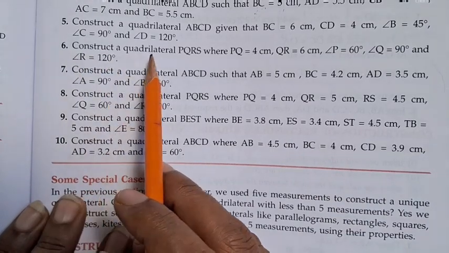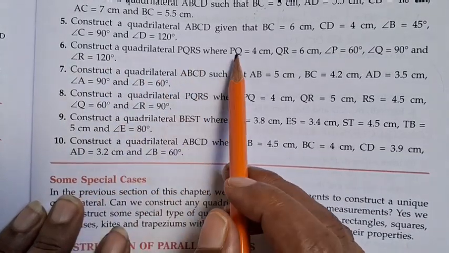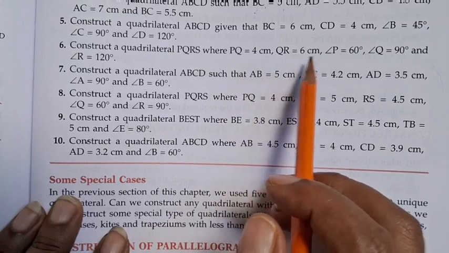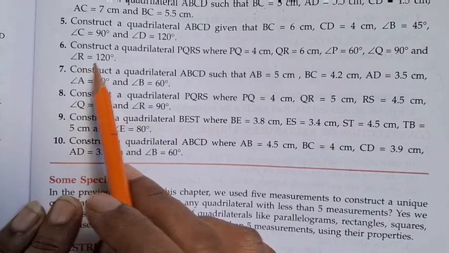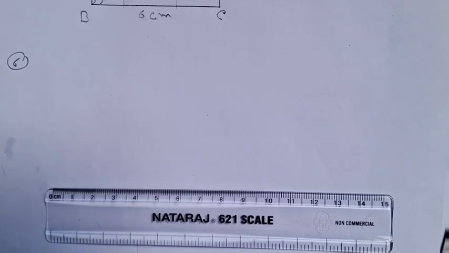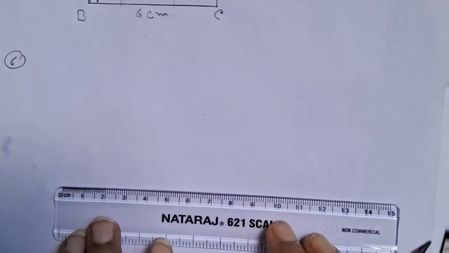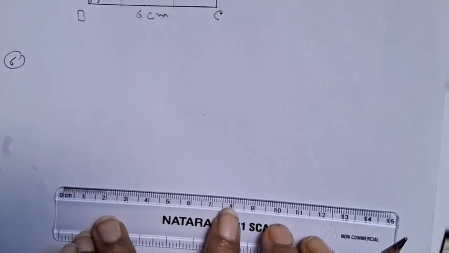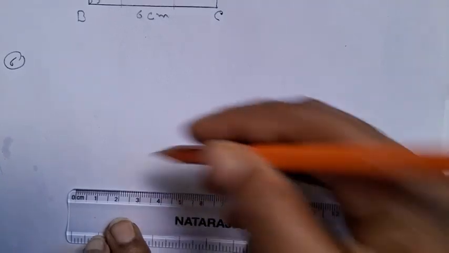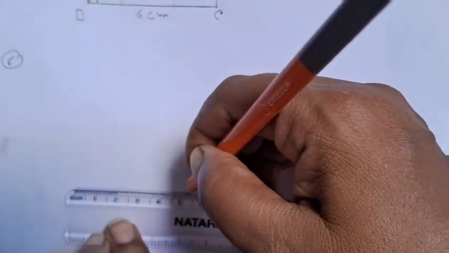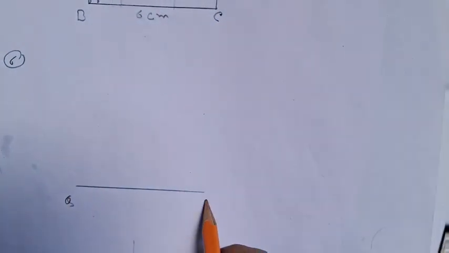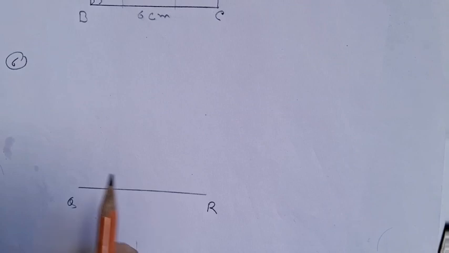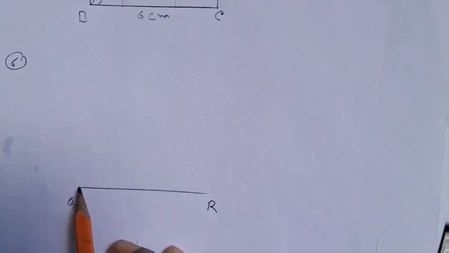Here we have to construct a quadrilateral PQRS whose PQ is 4 cm, QR 6 cm, angle P 60 degree, angle Q 90 degree and angle R 120 degree. So at first I draw the base QR which is 6 cm. At the point Q, we have to draw a 90-degree angle.